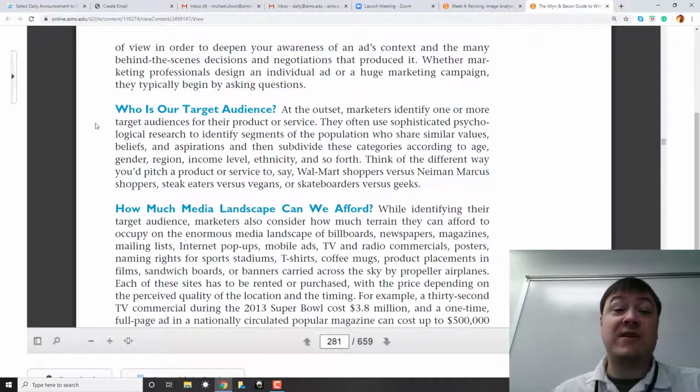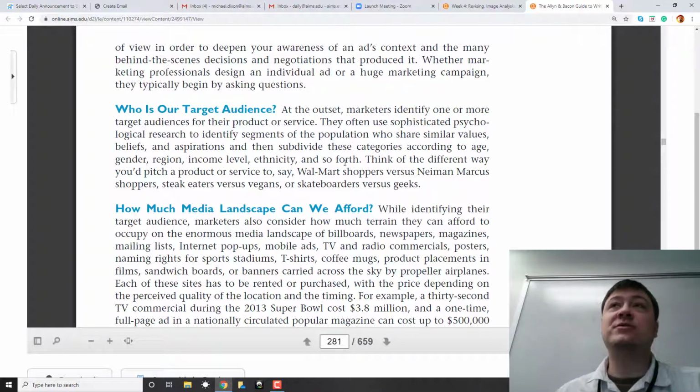At the outset, marketers identify one or more target audiences for their product or service. They often use sophisticated psychological research to identify segments of the population who share similar values, beliefs, and aspirations, and then subdivide these categories according to age, gender, region, income level, ethnicity, and so forth.